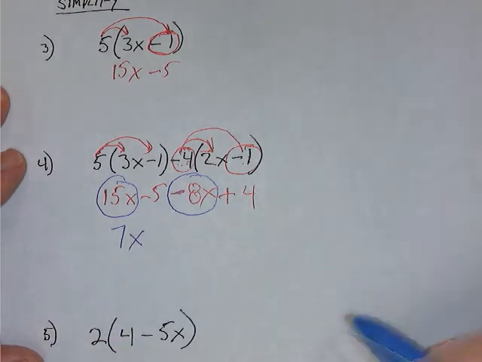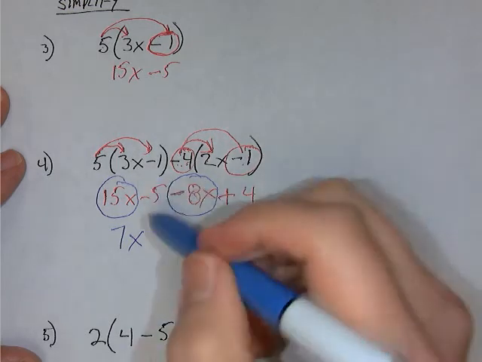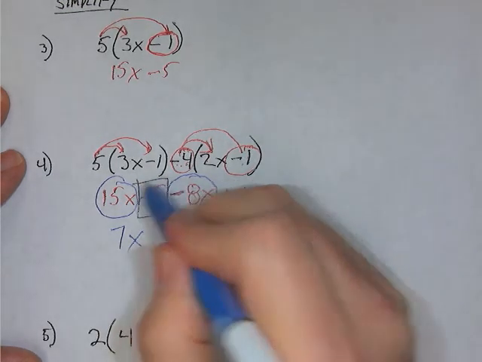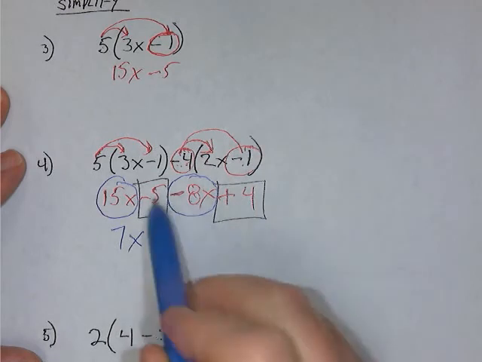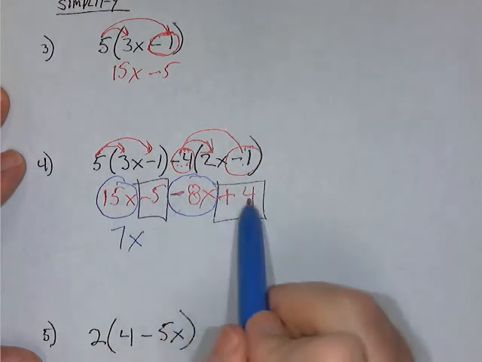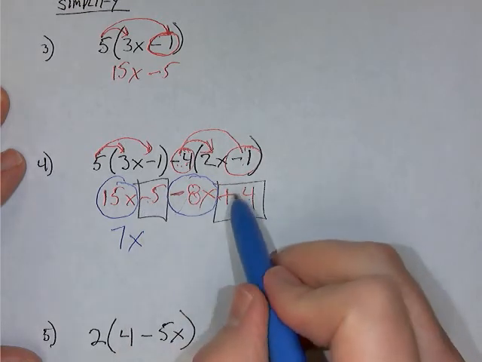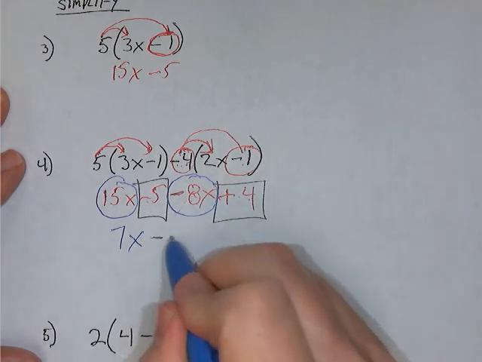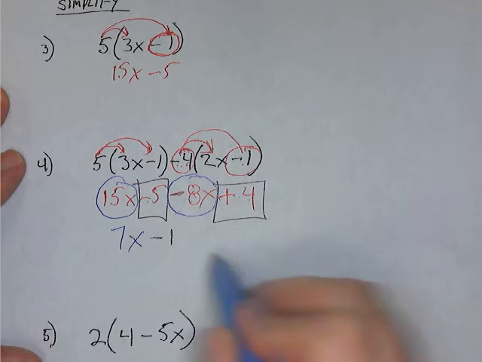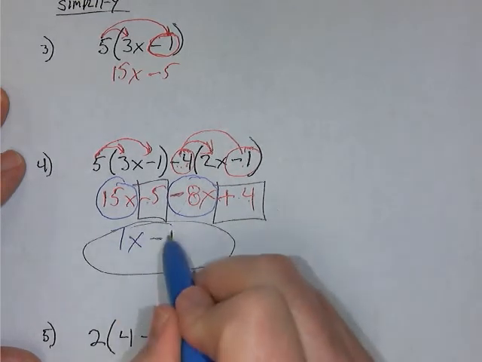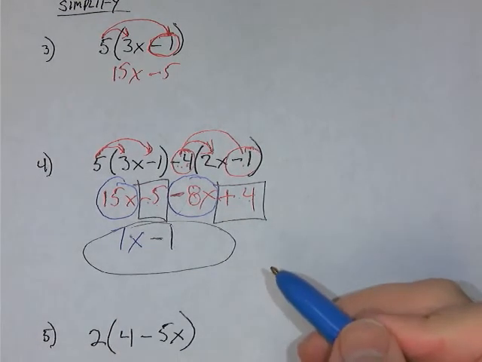All right, now we need to put the numbers, the constants, together. Here I added the coefficients. Now I'm going to put together the constants. Negative 5 and 4, that's negative 1. And there's your answer. So that's 7x minus 1.